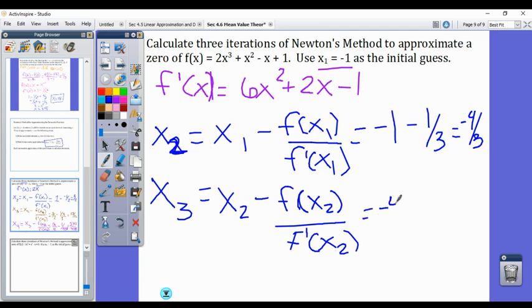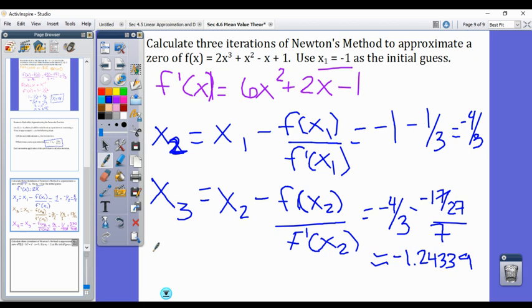Okay, so -4/3 minus -17/27 over 7. All right, so I got a pretty yucky decimal. So what I then did was I stored this value as my x, and then I used it to plug in to do the next iteration. Okay.